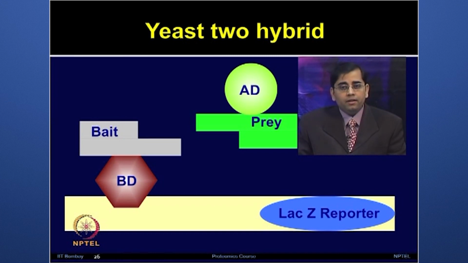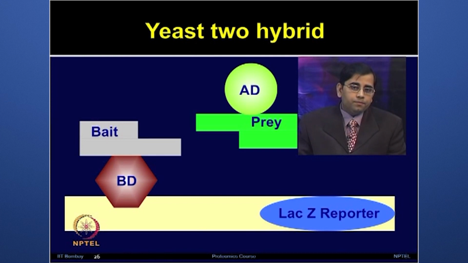The activation domain is the other protein domain of the transcriptional activator, which is fused with the prey protein. This activation domain, when bound to the DNA binding domain, forms the functional transcriptional activator and brings about the expression of reporter genes.